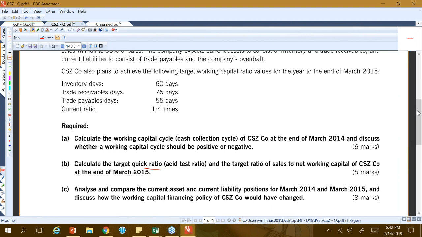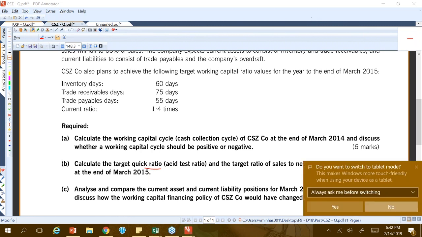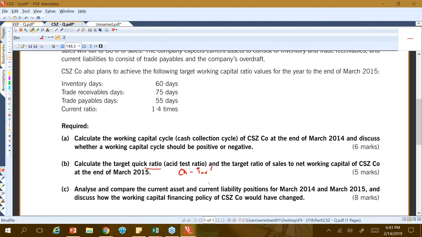So the examining team wants us to do this ratio, sales to net working capital. So if I can just do some notes. The quick ratio is current assets minus inventory over current liabilities, and this is the sales over net working capital ratio.